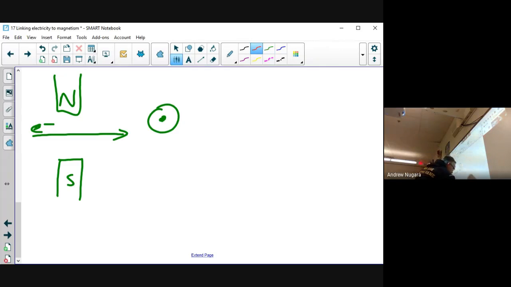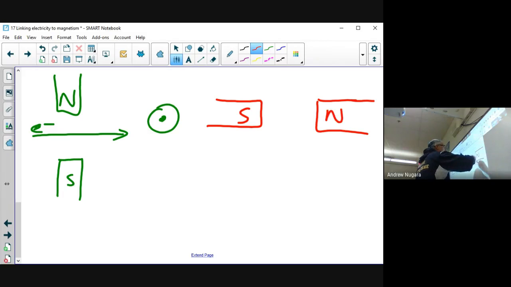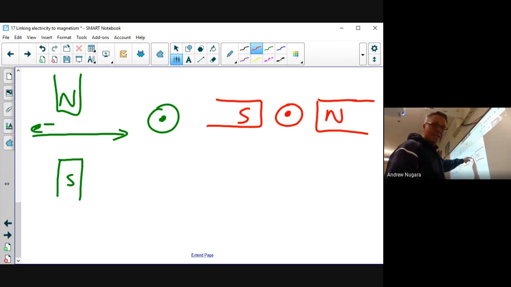All right, let's do another one. There are lots of permutations you can do of this one. Let's go with a magnetic field south, north, and this time the electron flow, as you can see, is out of the board. So what does my thumb do?